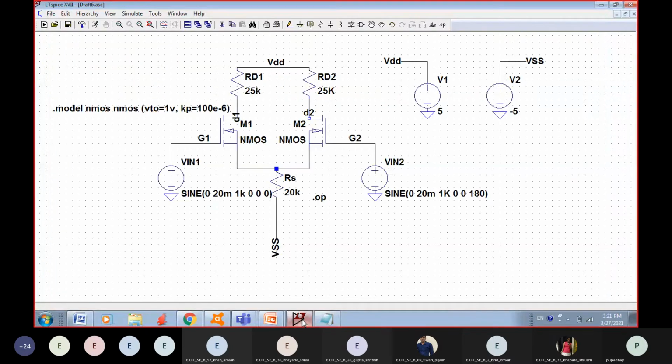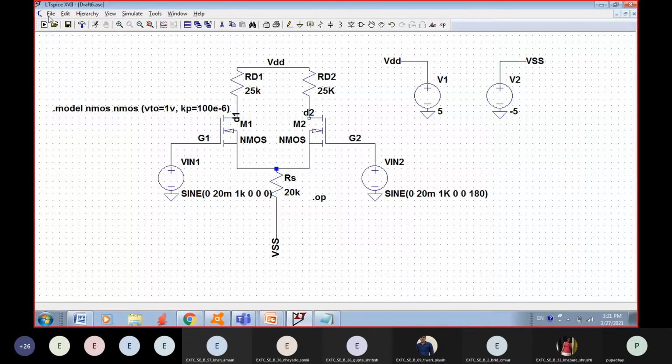I have already built the circuit beforehand. Please confirm, one of you, can you see the actual MOSFET differential amplifier circuit there? Okay, let's build it together.